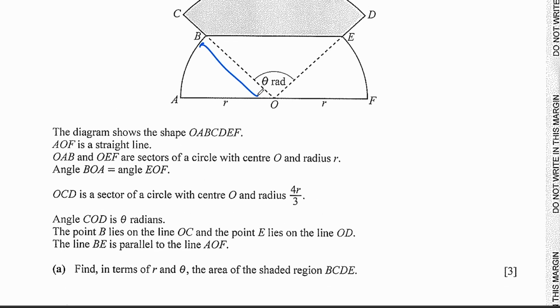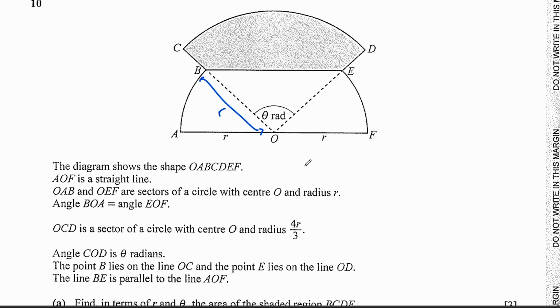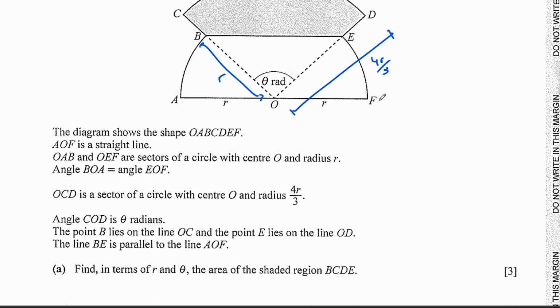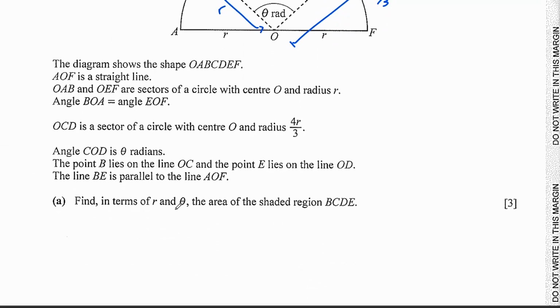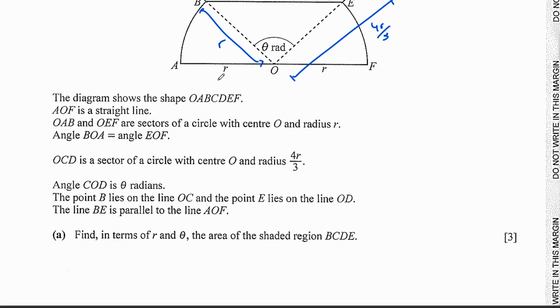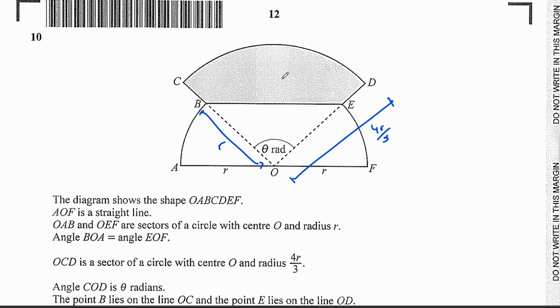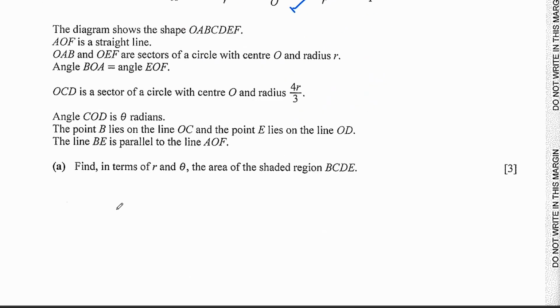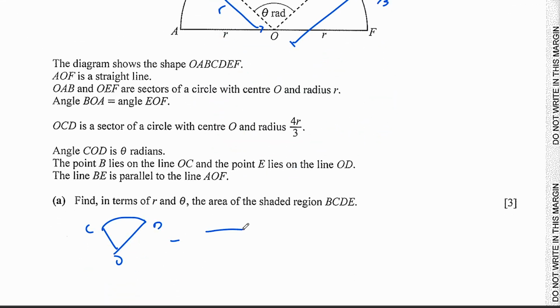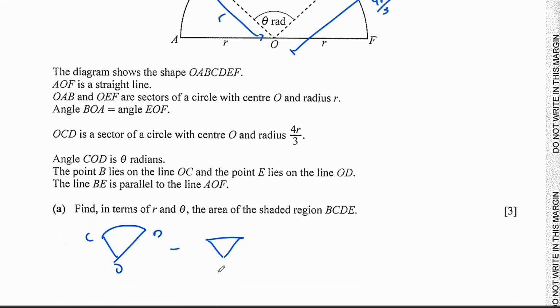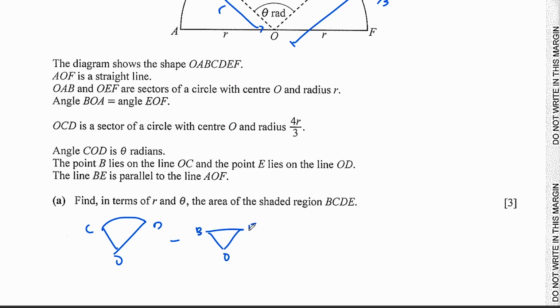So this one was also r, and if I'm reading correctly, this OD will be 4r/3. Okay, so the strategy will probably be to take this entire sector OCD, take away the triangle OBE. Right, so that will be our strategy here.